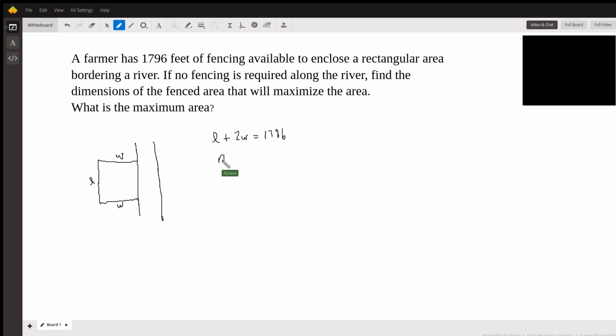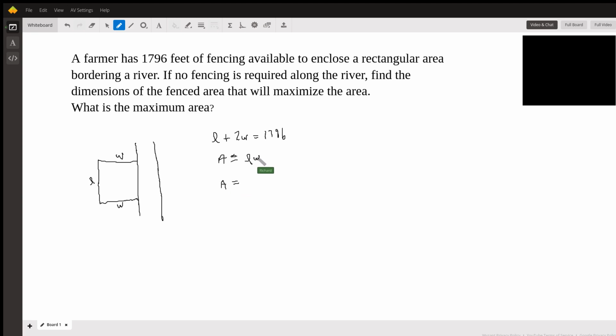And we know that the area of this enclosure is going to be length times width. So now we're just going to write area in terms of either length or width. It doesn't really matter.